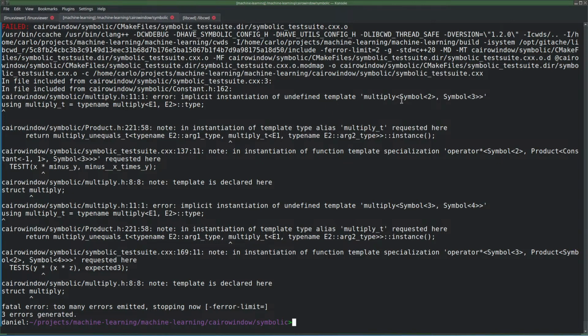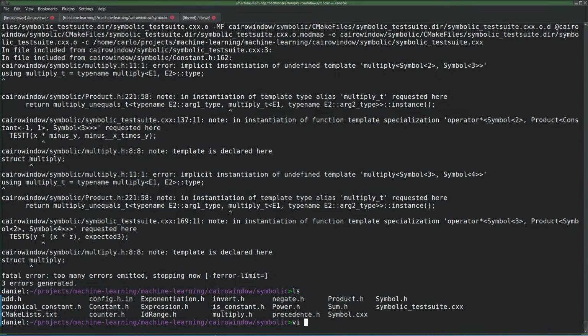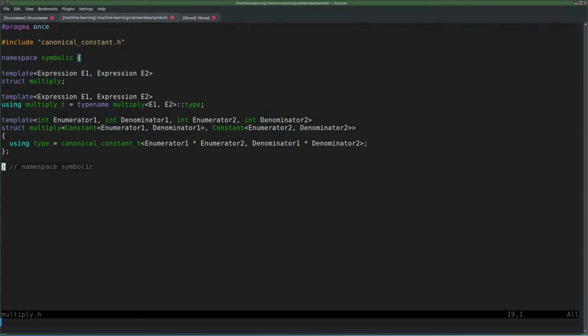Undefined template, symbol. Well, let's add it. So now go to multiply, and I'm going to add a specialization for symbols. Let's just template something, and then we have a struct multiply, and then we get here a symbol, and the symbol takes an ID.